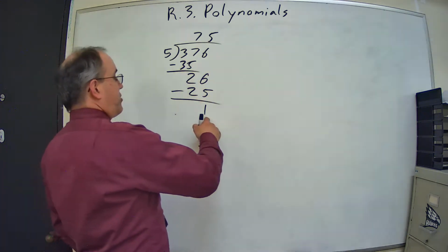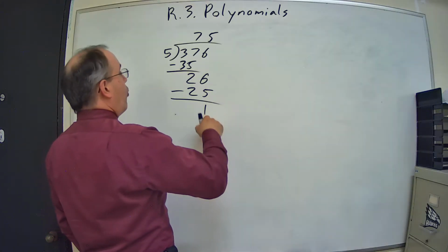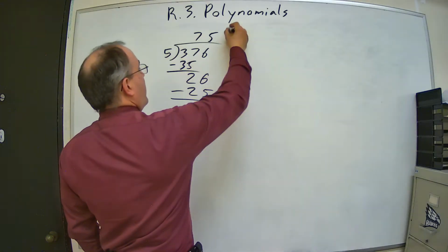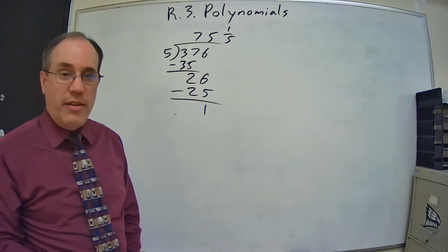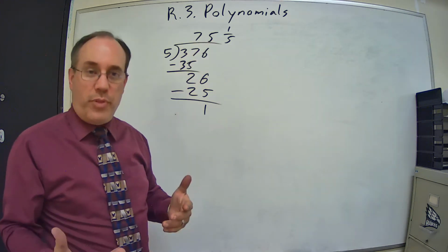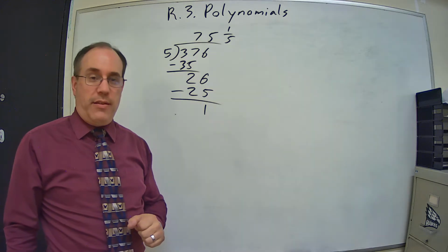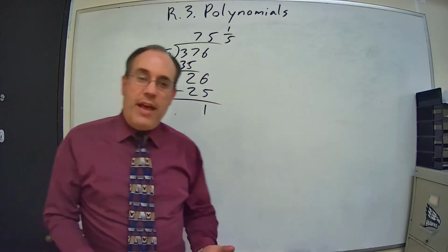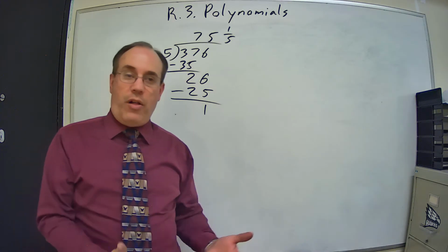So this is really 75 plus 1 over 5, right? And this 1 is waiting to be divided by that 5. So that's 75 and 1/5. This is the same method that we're going to use for dealing with polynomials.